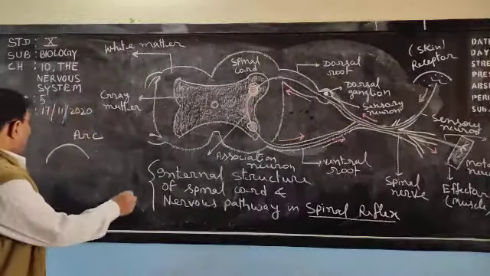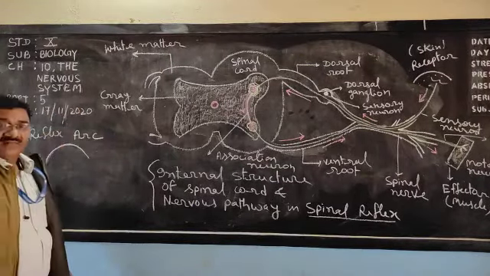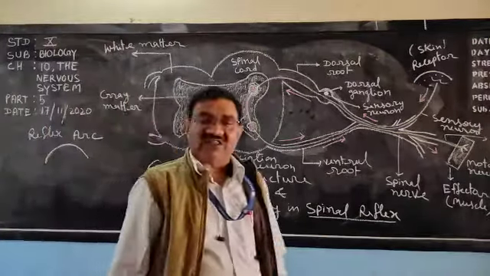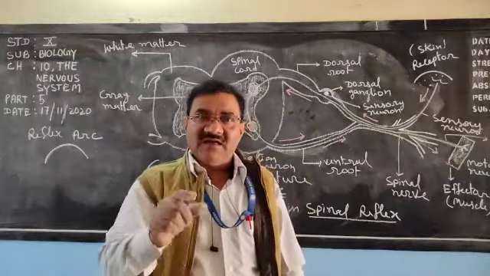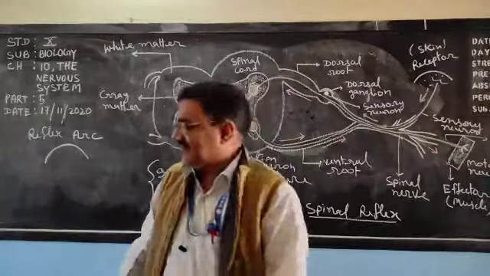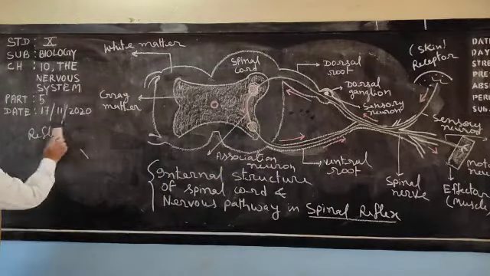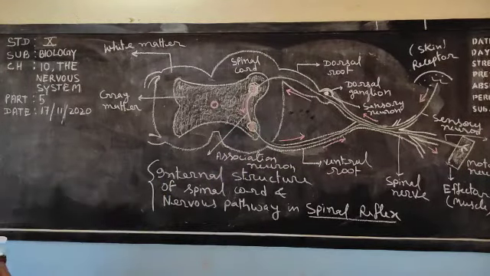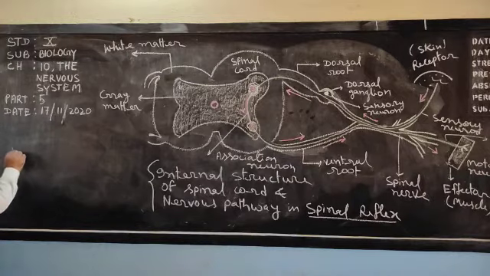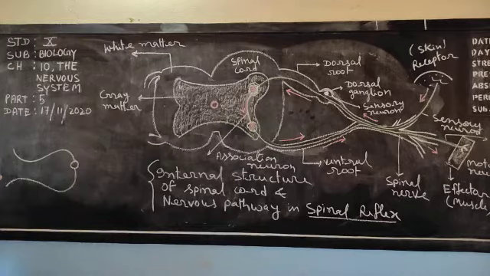Now, what is the reflex arc? It is the shortest pathway followed by the neurons during the reflex action. Dear children, try to understand: the reflex arc is the shortest pathway followed by the neurons. Diagrammatically I am showing you.